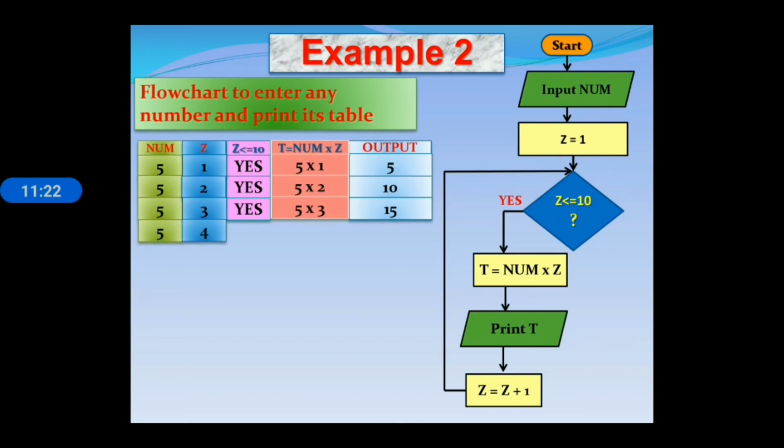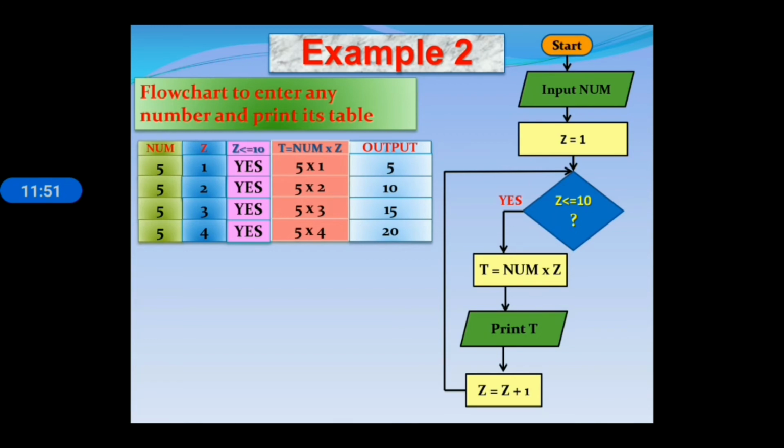Then return to the decision box and check whether the value of z is less than or equal to 10 or not. Yes, now the value of z is 4, so less than 10. Then it will multiply the value of num with z and the result is stored in t. So 5 into 4 equals 20. That is stored in variable t and it will print the value of t, that is 20.